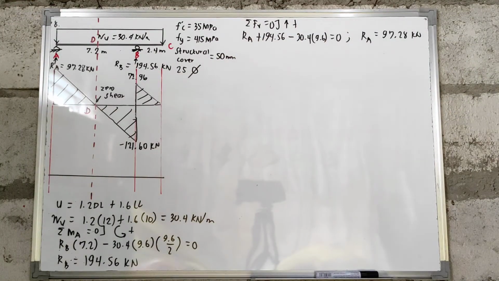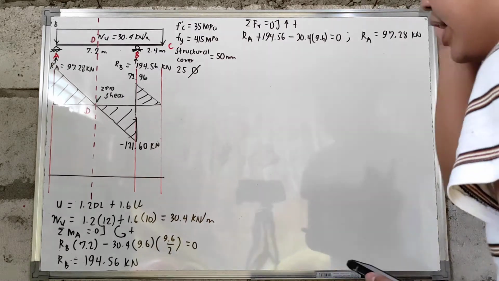So hanapin muna natin yung value ng location ng 0 shear natin. So with this, we can now use yung similar triangles natin.